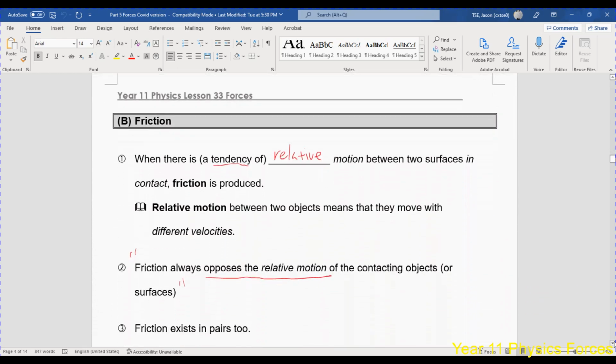Then the next force is friction. Friction is a force that appears when there's relative motion, or if there's no relative motion but there's a tendency of relative motion between two surfaces in contact.